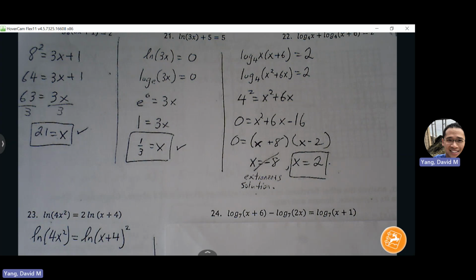How do we clean up the left side? Yeah, log of A minus log of B equals log of A over B. So once you get that one-to-one relationship, then you can drop the log base 7s from both sides.